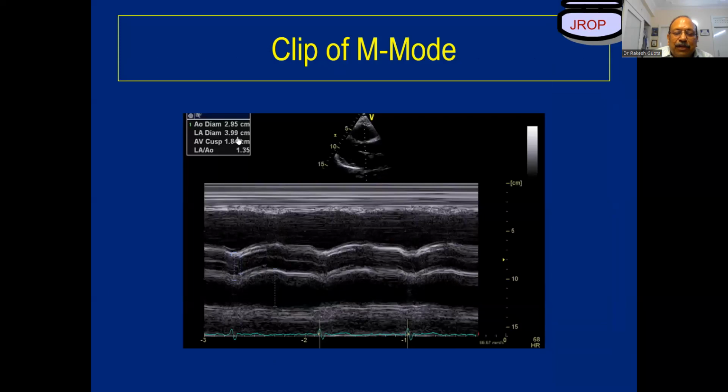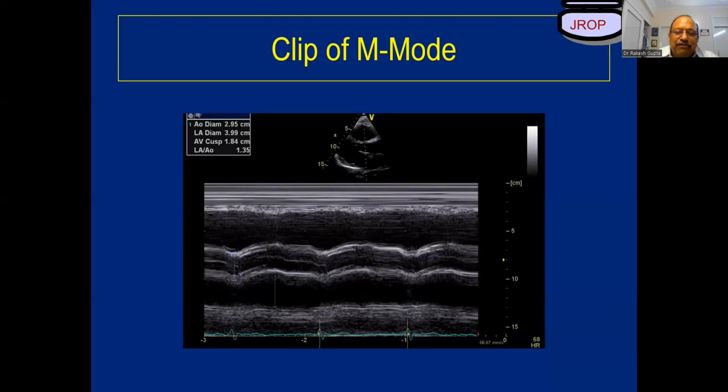Look, this LA is 40 millimeters divided by body surface area. And normal body surface area is 1.7 meters square. So if we divide 40 by body surface area, it will be something like 22 millimeter per meter square.